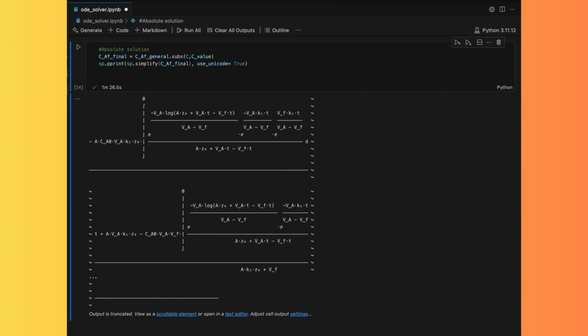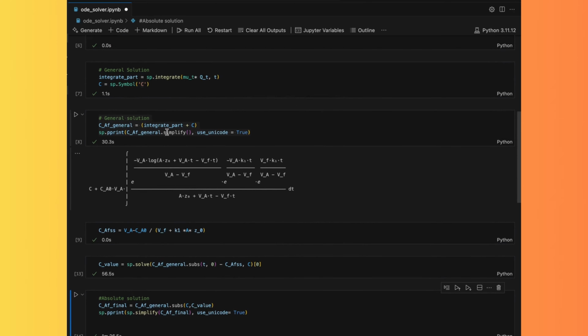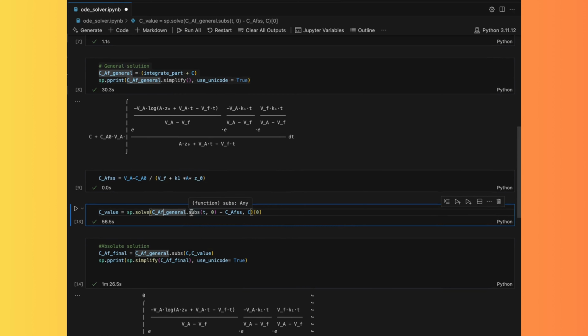Okay, I just want to explain some things. In this part, if you use 0 instead of t in the CAF general formula, we can obtain CAF for the steady state condition.